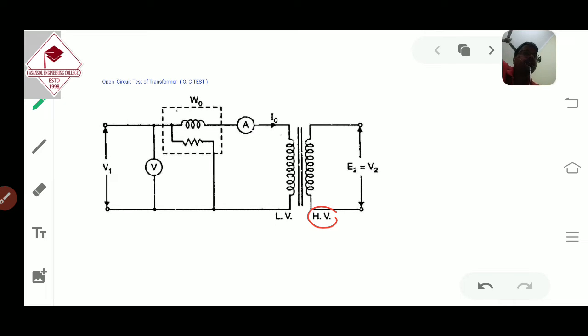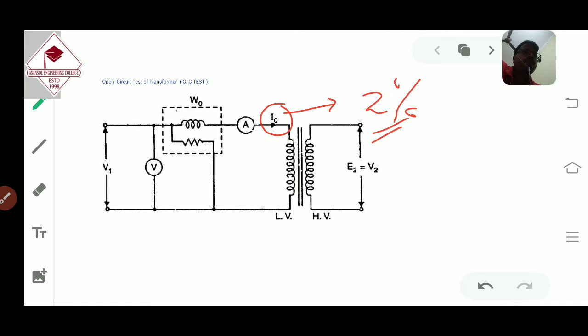Let us try to understand this before proceeding. The answer is, we know that this no load current itself is very low. It is 2 to 5% of full load current, so this current is already very low.